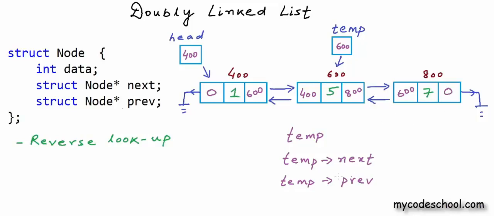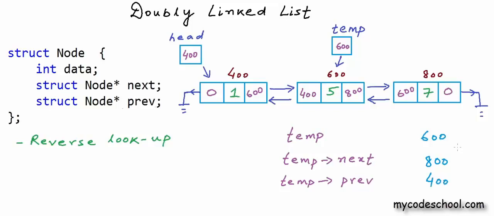It's the address of the next node, and temp arrow prev is the previous node, or in pure words, pointer to previous node. The value stored in temp for this example right now is 600, temp.next is 800, and temp.prev is 400.